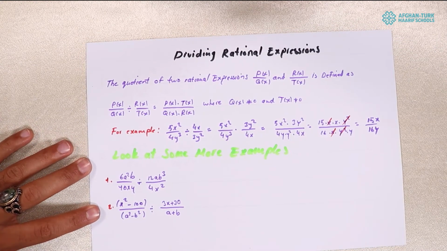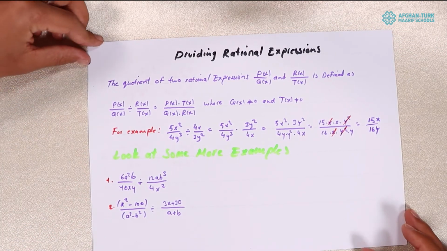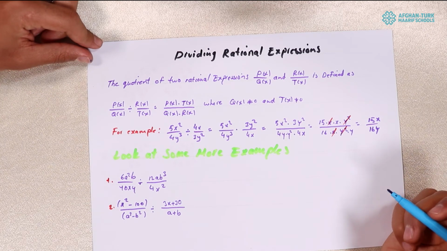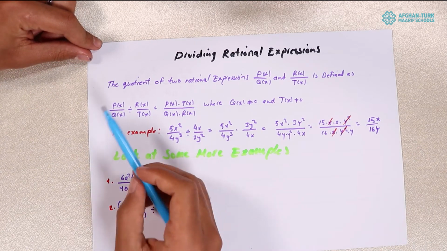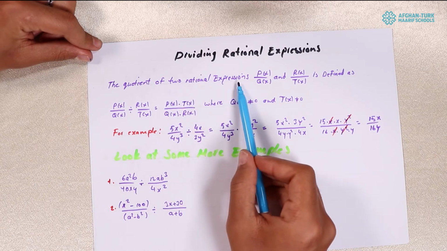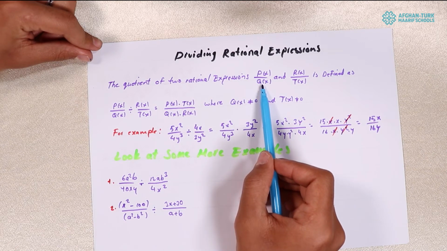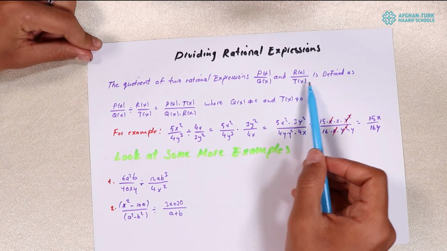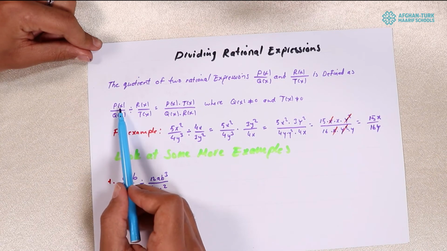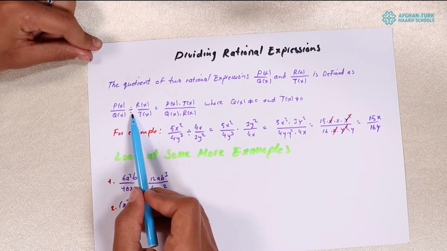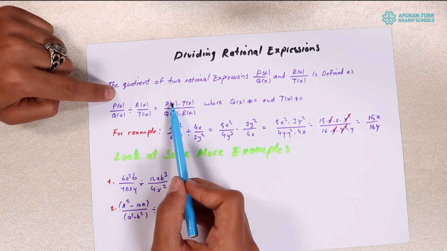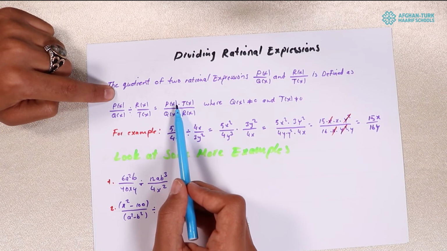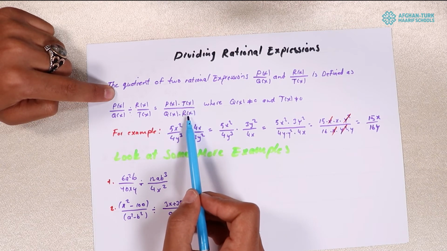Another operation is dividing rational expressions. Okay, the quotient of two rational expressions p of x over q of x and r of x over t of x is defined as p of x over q of x divided by r of x over t of x is equal to p of x over q of x times t of x over r of x.